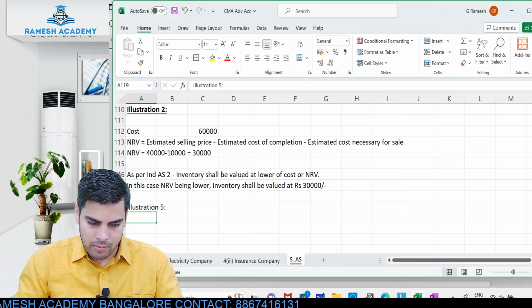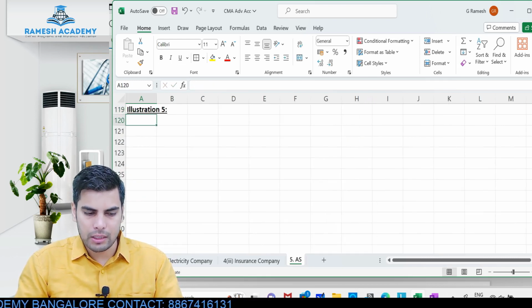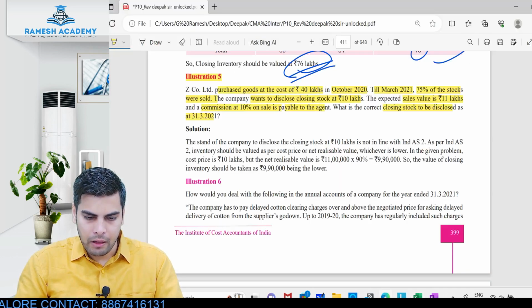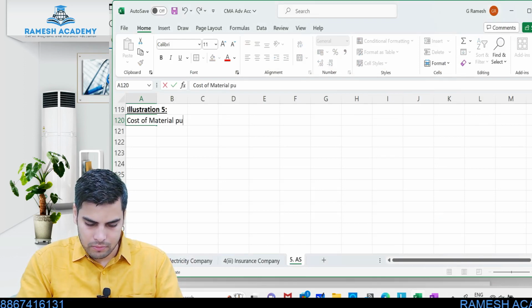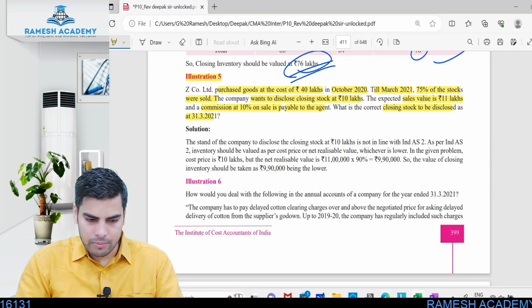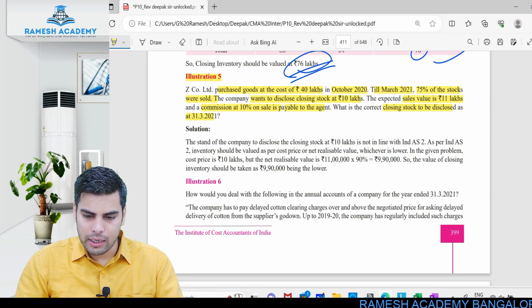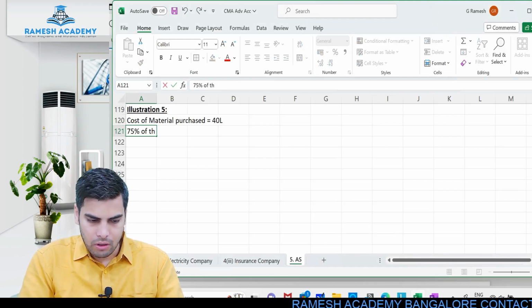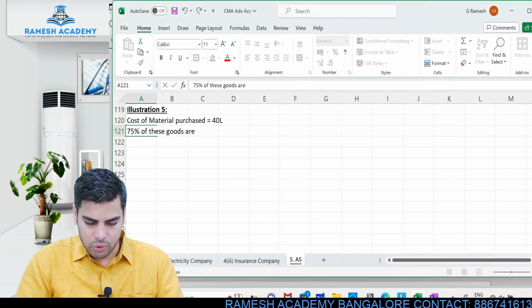This is illustration number 5. See, those simple illustrations I have already explained in the study material itself, so I will not be writing it in the notes. You can just go through it directly. So now the cost of material purchased. How much is the cost of material purchased? It is 40 lakh. Out of this 40 lakh, they have clearly told that 75% of these goods are sold.